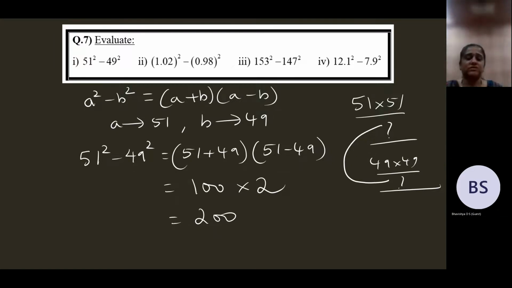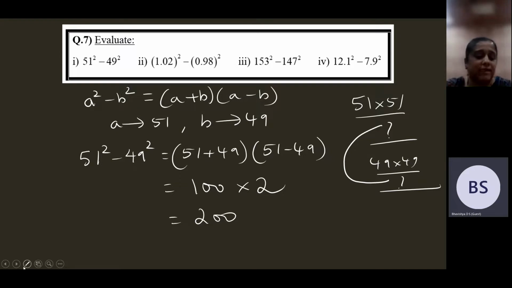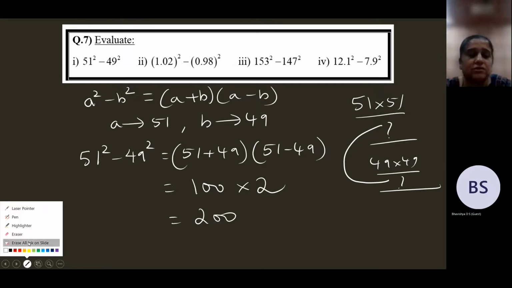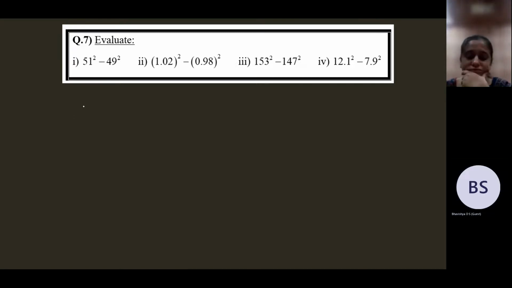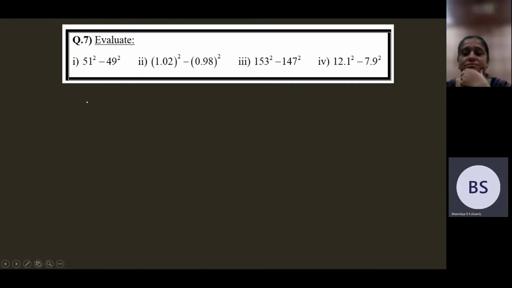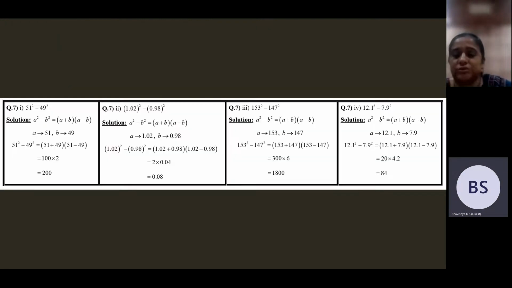Yes, Bhavishya. Done. Read out. Ma'am, A square minus B square is equal to A plus B, A minus B. A is 12.1, B is 7.9. 12.1 square minus 7.9 square is 12.1 plus 7.9 and 12.1 minus 7.9, ma'am. So what's the final answer? Ma'am, 84 I got. Very good.